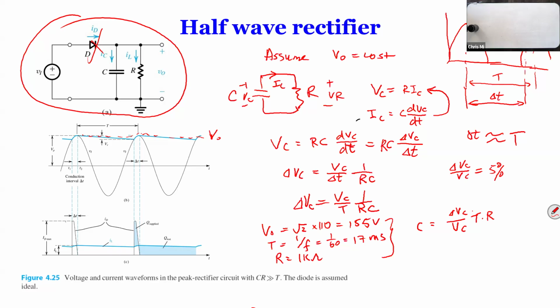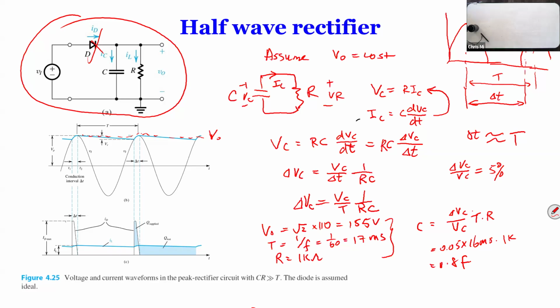You plug this back in and you get C equal to 0.05 times 16 milliseconds times R, which is 1K. The K and the milliseconds cancel, so you get 0.8 farads. That's quite a big capacitor.